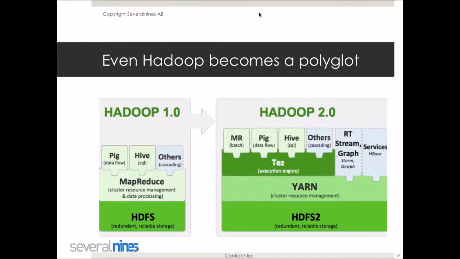Columnar data stores, Cassandra already mentioned that one. Another very popular one is HBase and InfiniDB. Document stores, MongoDB, Couchbase, and graph databases Neo4j and Titan are really popular data stores.